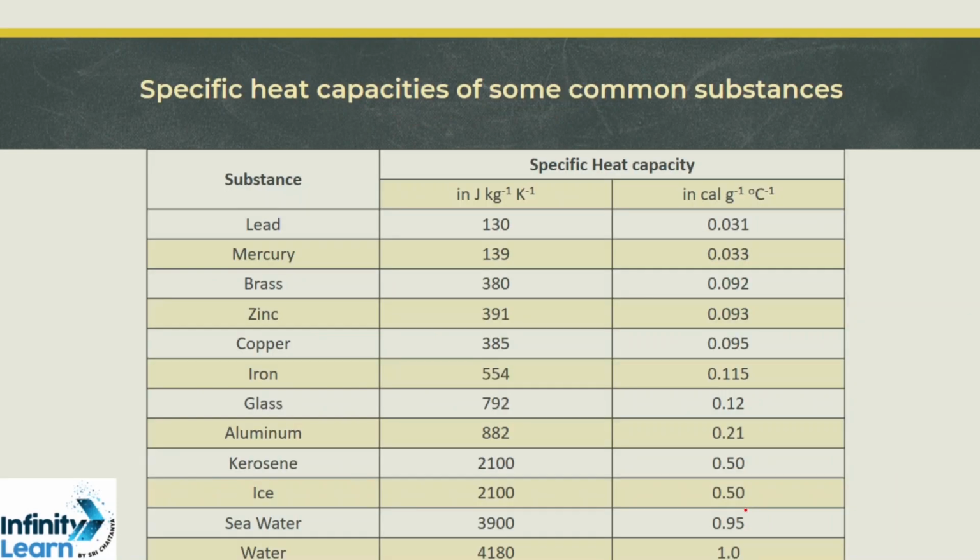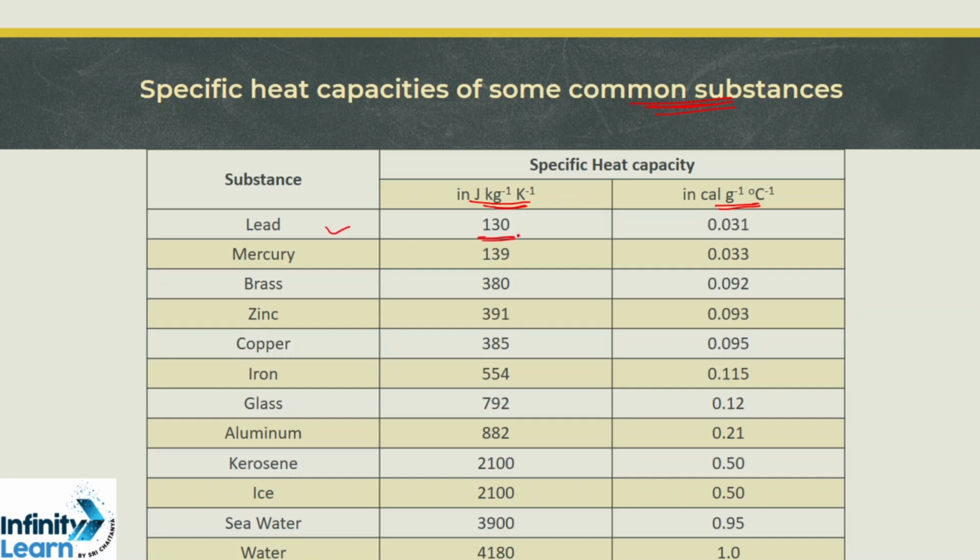Now let us also discuss about specific heat capacity of some common substances. We have denoted the specific heat capacities in 2 units. One is joule per kg per Kelvin, and the other one is calorie per gram per degree centigrade. So first we have lead and mercury.